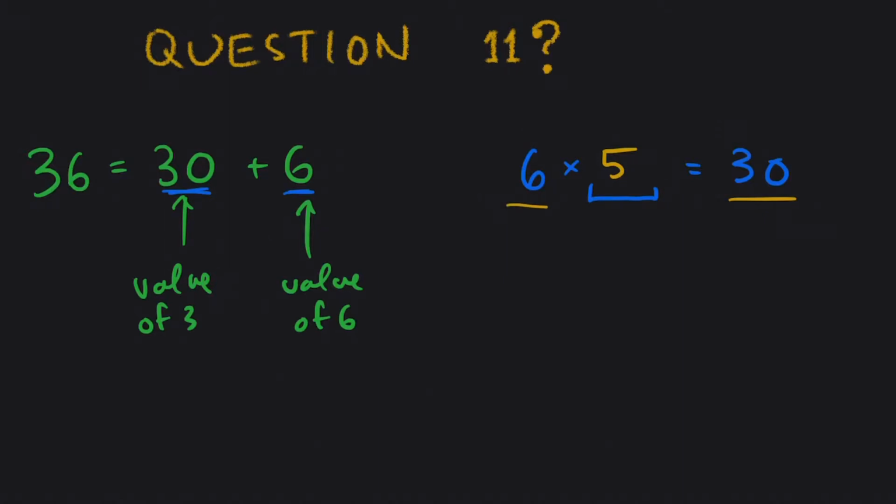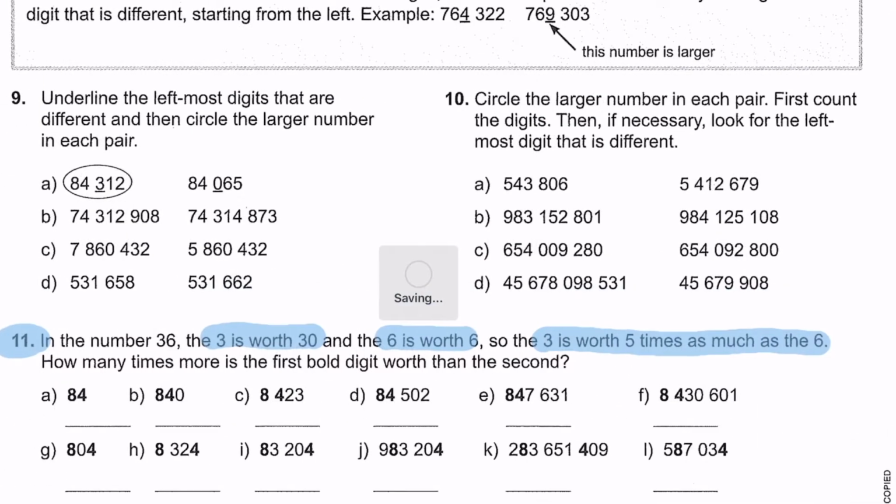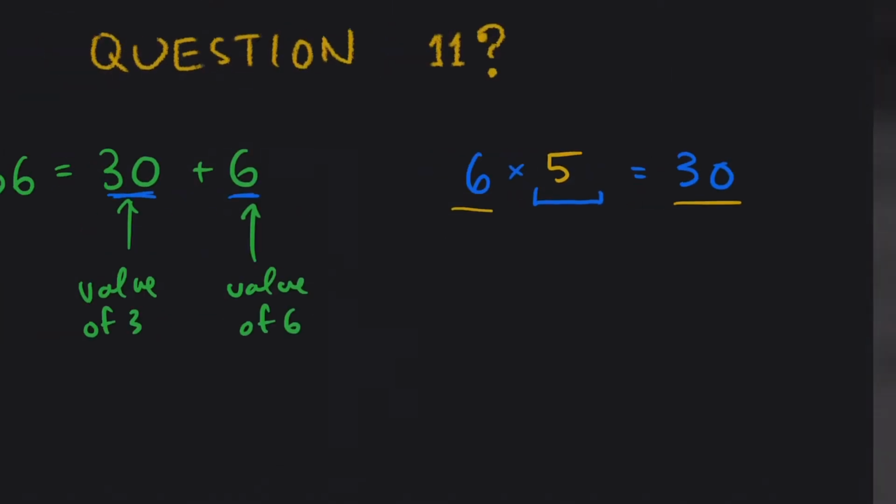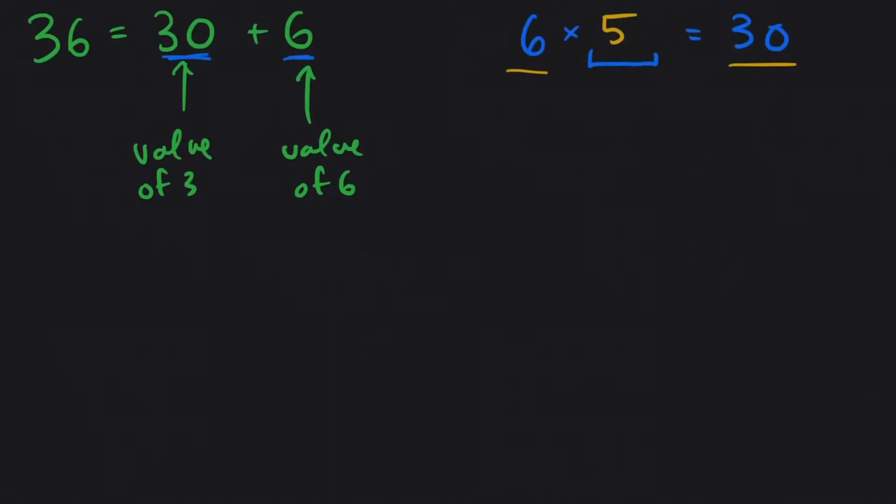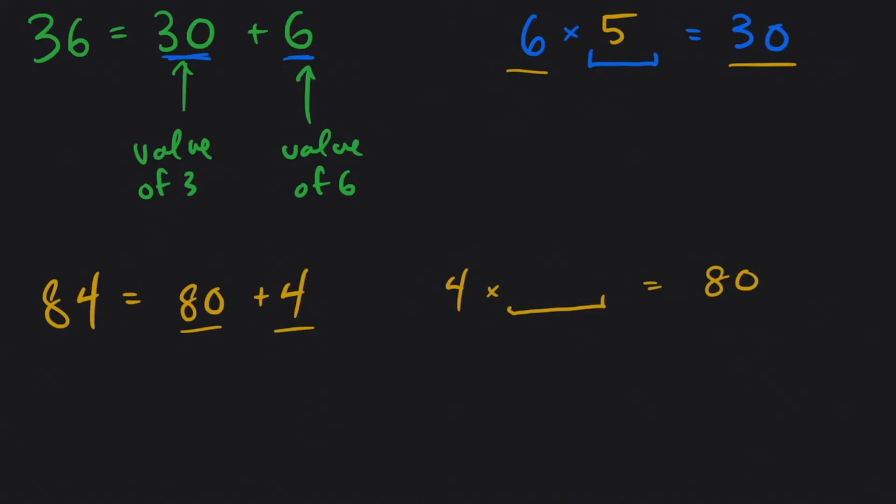So let's try a few questions in the workbook. Let's try one of these. Okay, I think it's frozen on me. Whatever. Let's try 84. That's 80 plus 4, and they're saying 80 is the value of the 8, 4 is the value of the 4, so 4 times what gives me 80?